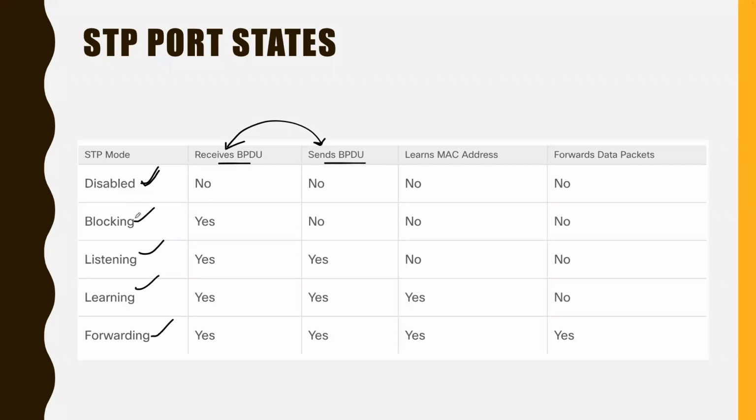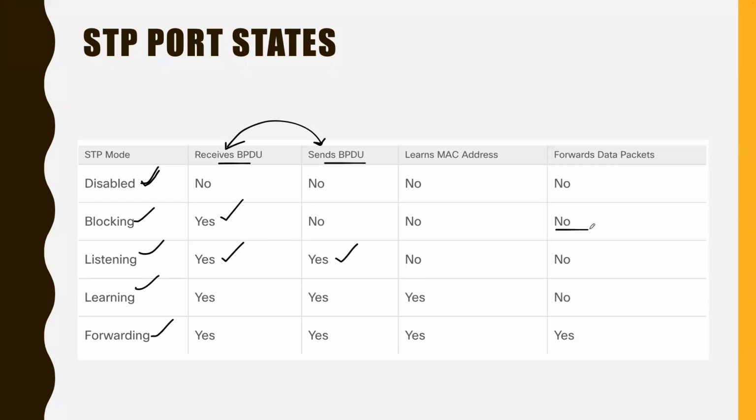Once we enable our port, it comes into a blocking state initially, and then it transitions to the listening state. In the blocking state, it can only receive BPDUs. It cannot send them.